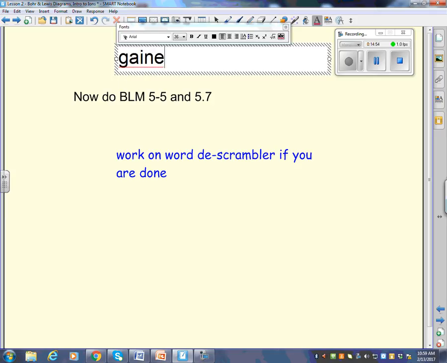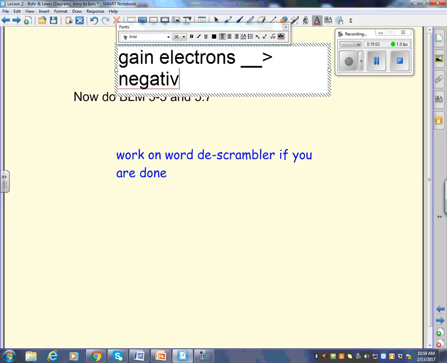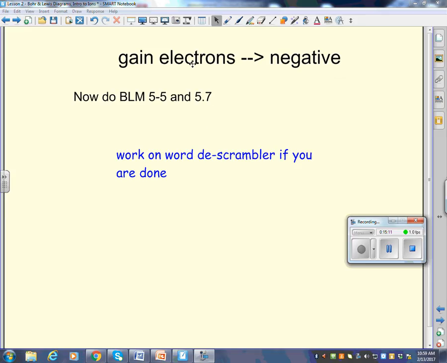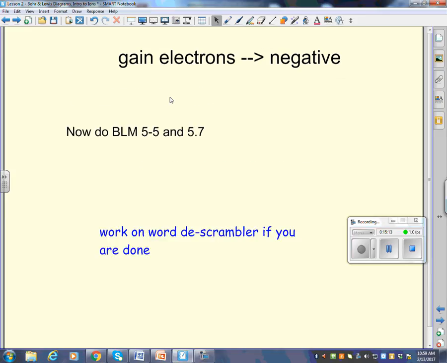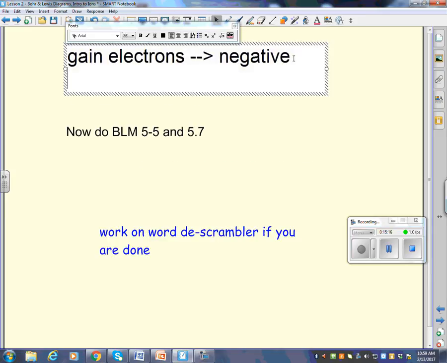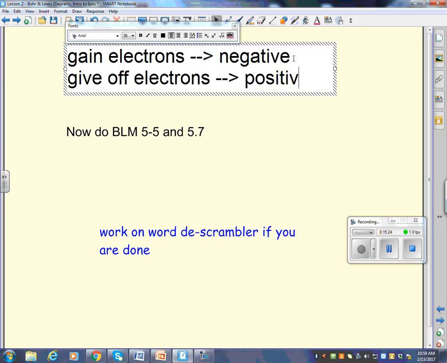Gain electrons, you become negative. And if you give off electrons, then you become what? Positive. That's kind of the rule.